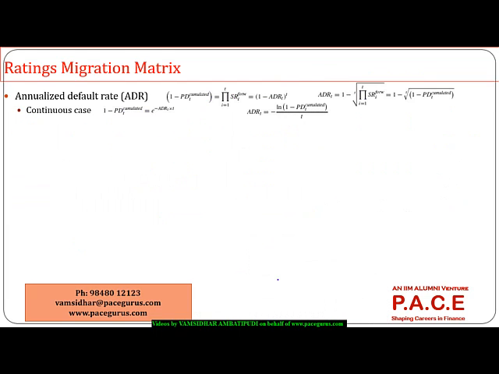So from here we can also compute the annualized default rate. I am simply taking the cumulative probability of default up to time t; 1 minus that means the chance of survival from now to a time period t. So I am talking about survival in period 1, survival in period 2, survival in period 3.